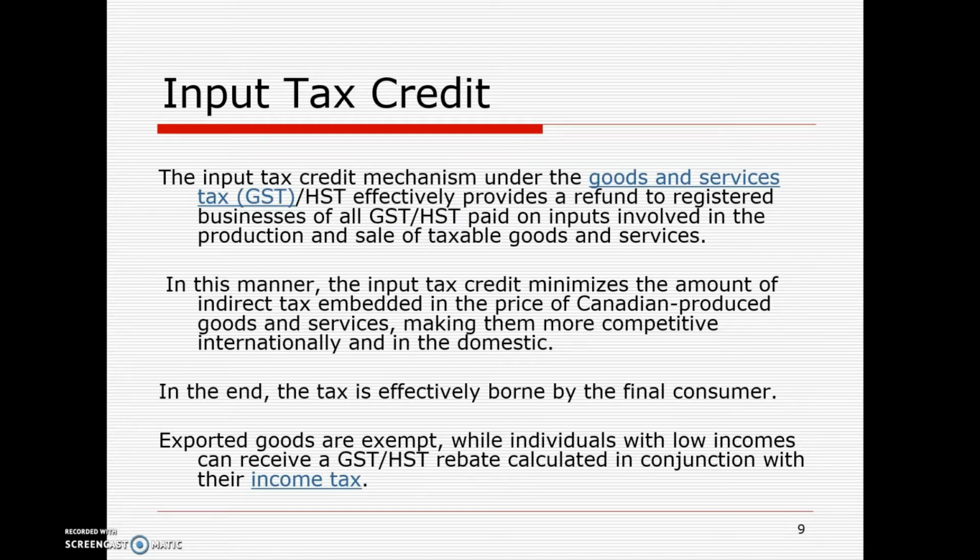So basically every company in Canada at the end of the month nets out to 0 HST or 0 GST. They don't have to pay anything. And in the next slide I'm going to show you how this input tax credit works.